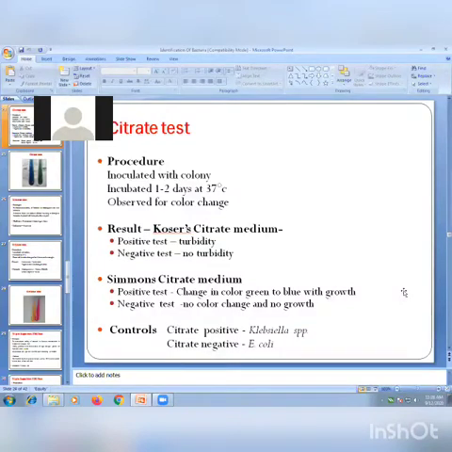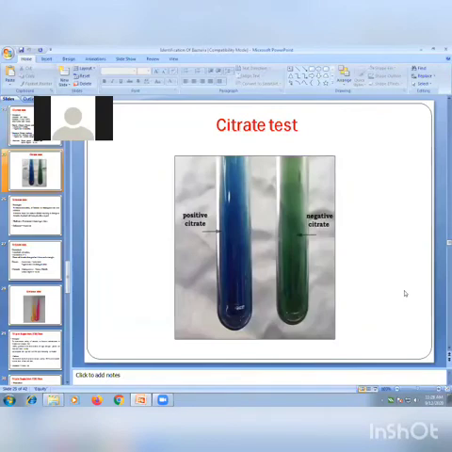Alkaline pH develops, the pH is increased if citrate is utilized, and bromothymol blue in alkaline condition is blue, that's why blue color develops. Negative test, no change in color, it remains green. Controls: citrate positive, Klebsiella species; citrate negative, E. coli. Here you observe the change in color: negative test, green color; positive test, blue color.